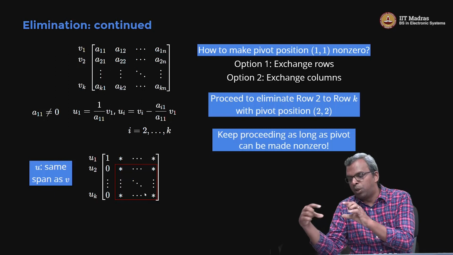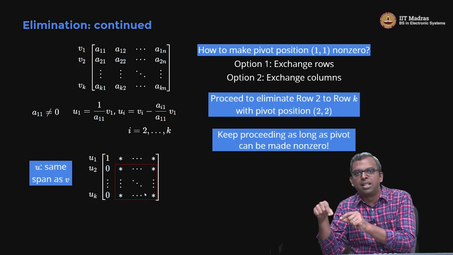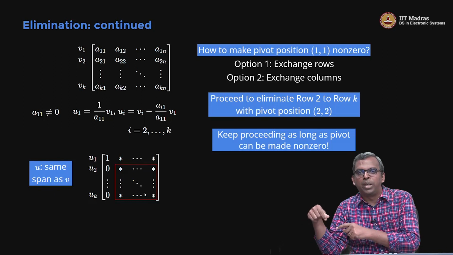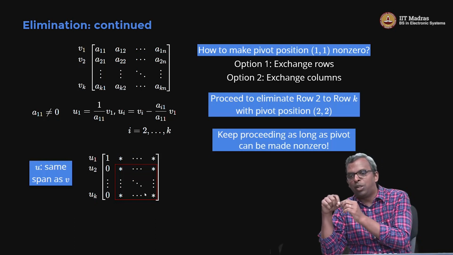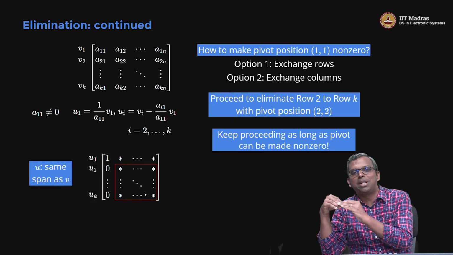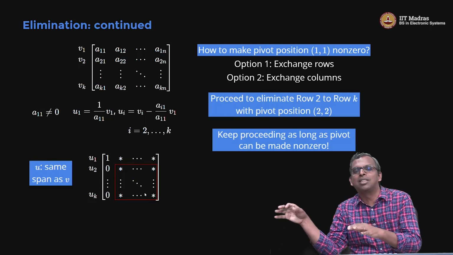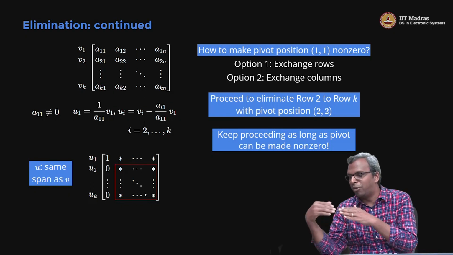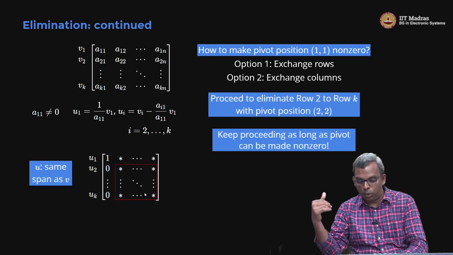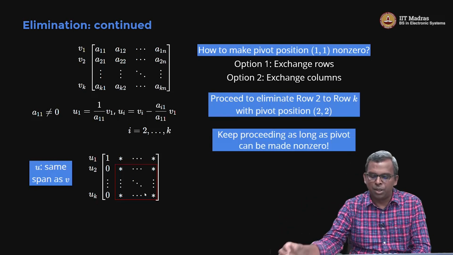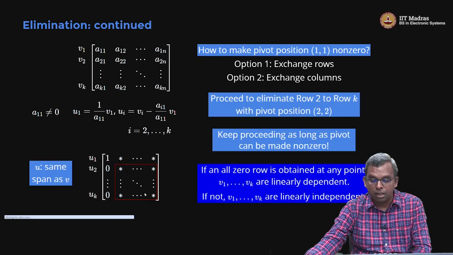As long as below you can manipulate and keep doing it, you can keep on going till you get some non-zero pivot. Finally, you have to really stop when there are only zeros below you. Everywhere to the right and below you, if there are only zeros, you will stop. Till then you will keep going. I'll show you some examples, then I think you will understand it a little bit better.